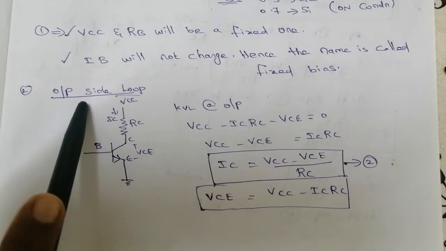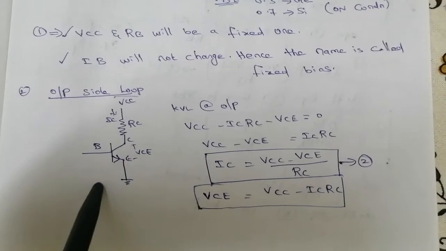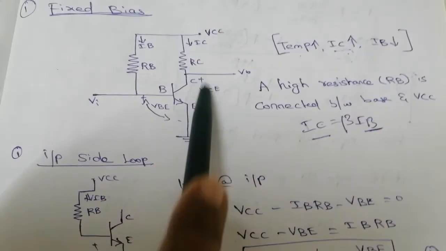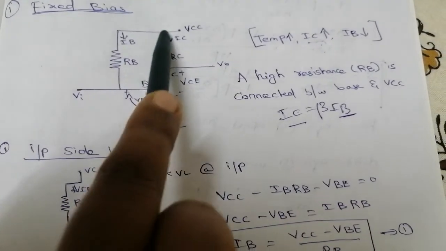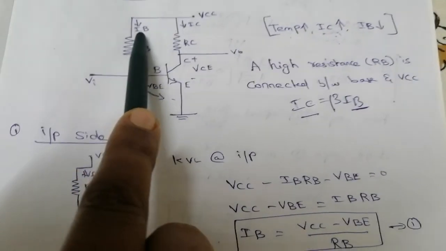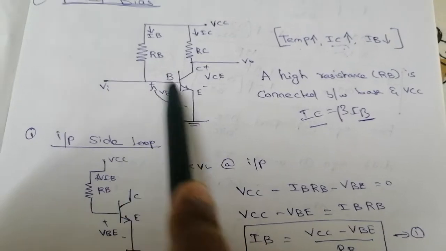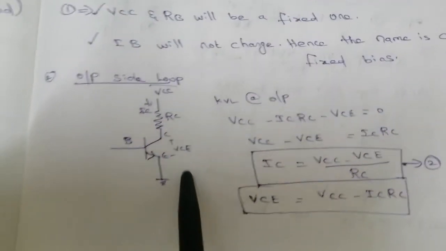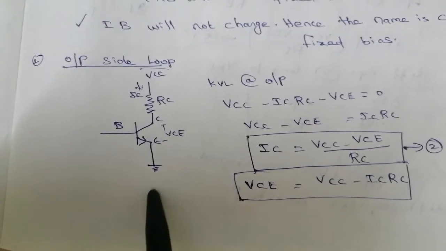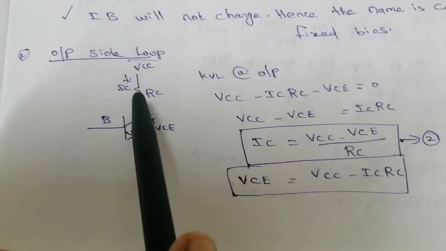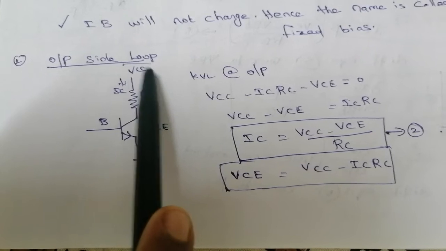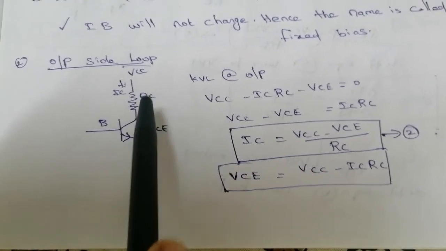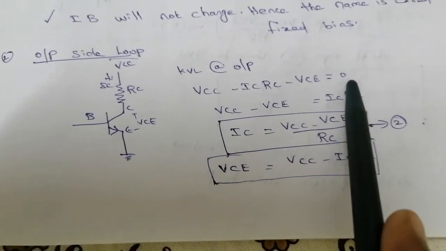Next, let us consider the output circuit. In the output circuit, we are using these portions, right? This is the output circuit and this is the input circuit. Already we derived the input part. Now let's see the output part. In the circuit, by applying KVL, we get the equation VCC minus ICRC minus VCE equal to 0.